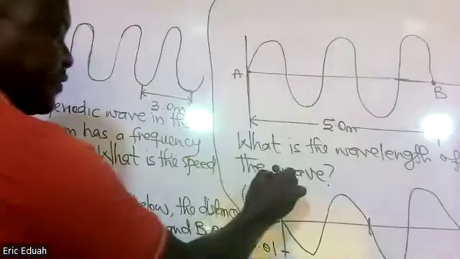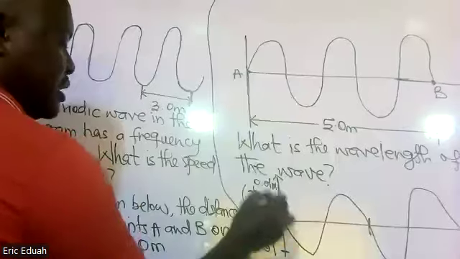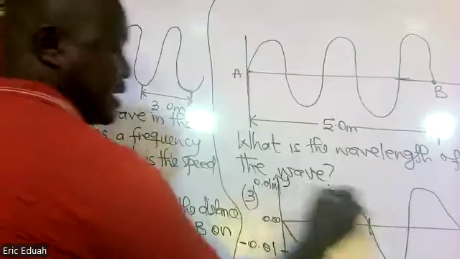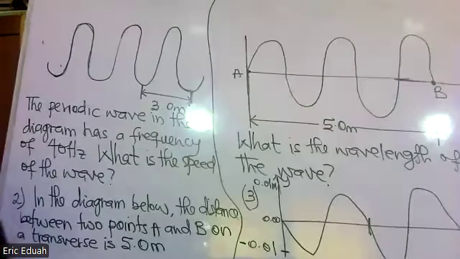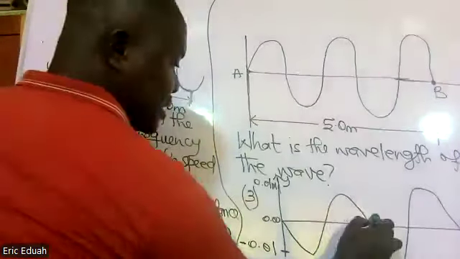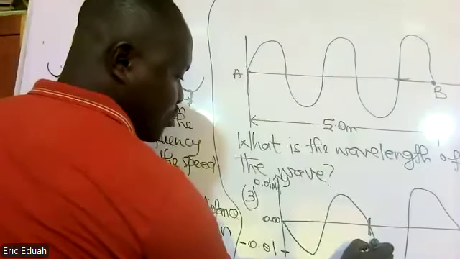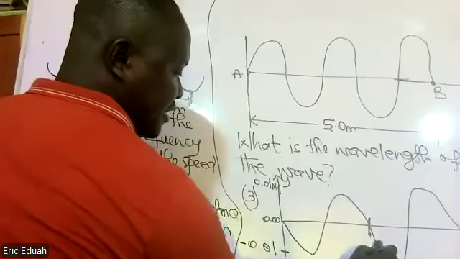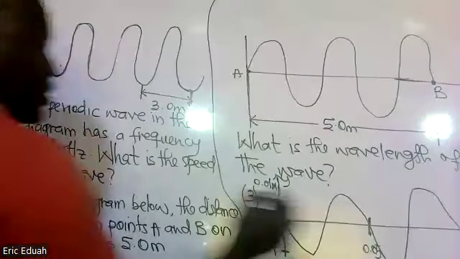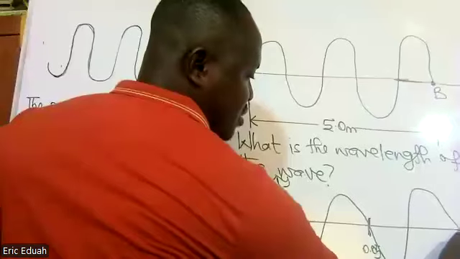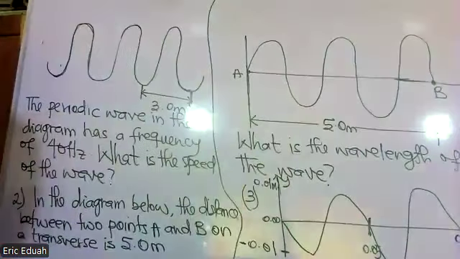It's a graph of displacement y against time. This point is 0.05, and the other point is 0.10 seconds.